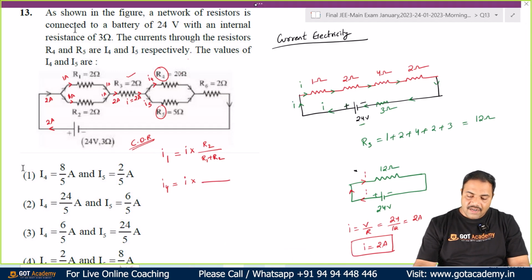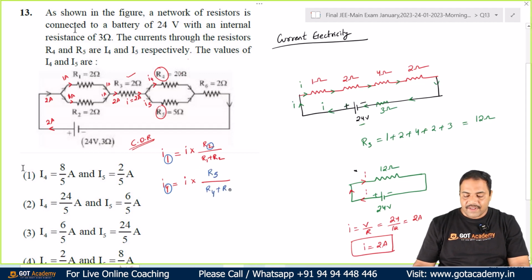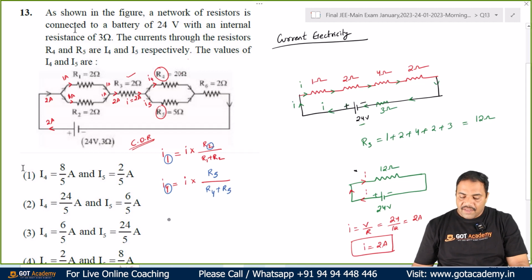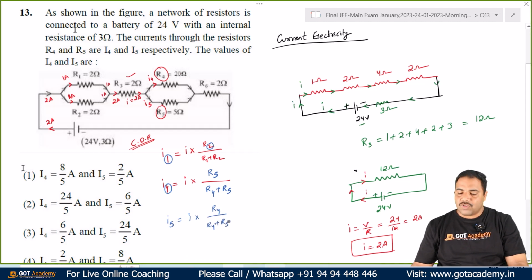So look my dear children, very carefully here. So if I want to find 1, I have to write here 2. If I want to find 4, then what I have to write here? 5. R5 by R4 plus R5. This is the way I'll write. Similarly, if I want to find I5, then I into R4 by R4 plus R5. Like this I have to do it.